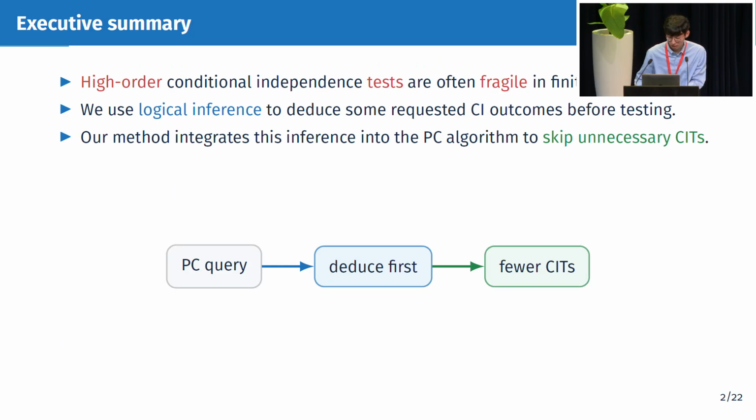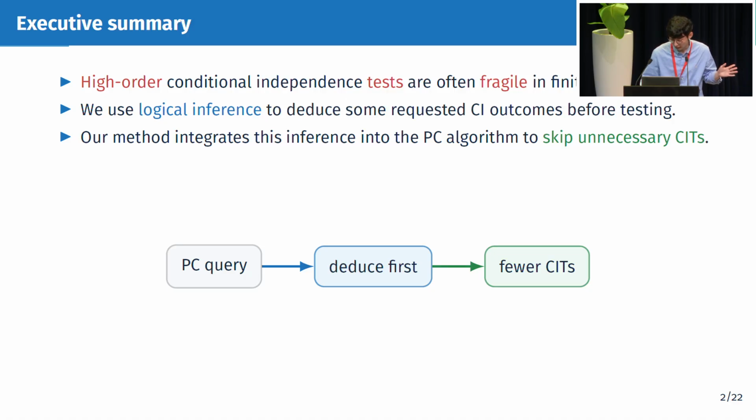So let me start with the main message of this work. When the size of the conditioning set is large, conditional independence tests, or CITs, can be unreliable in finite samples, and it causes many issues during structure learning. To tackle this issue, we propose a quite simple idea.